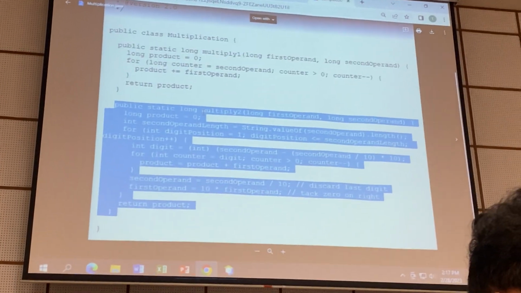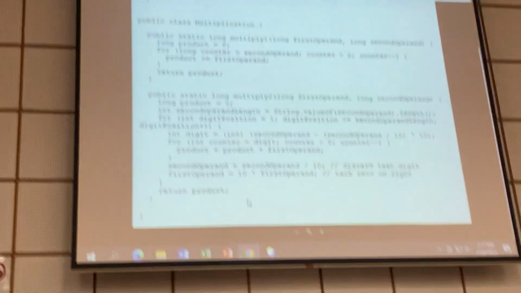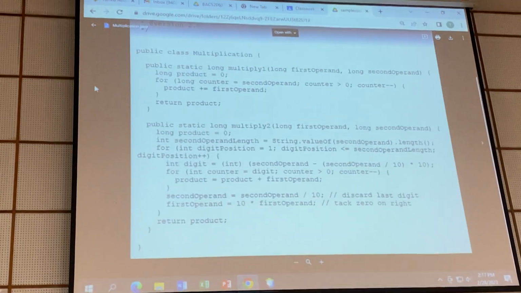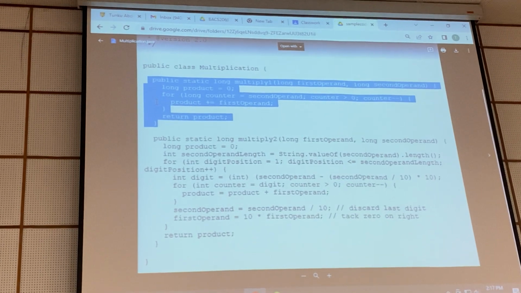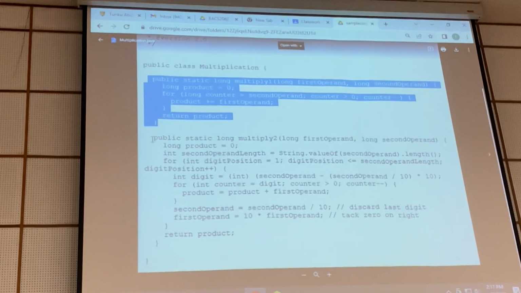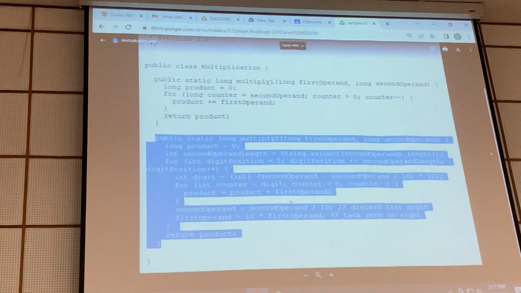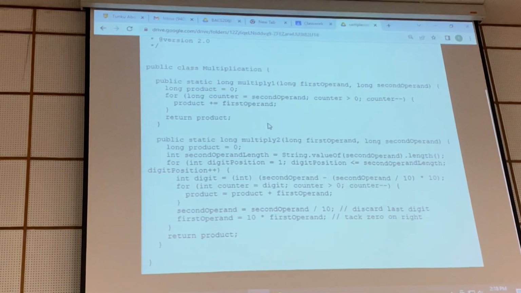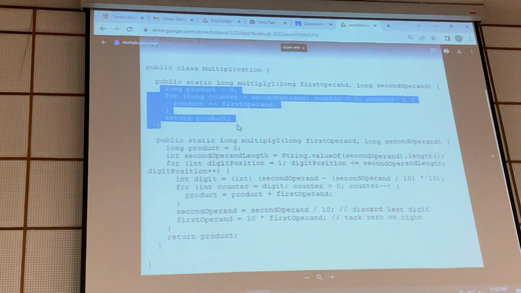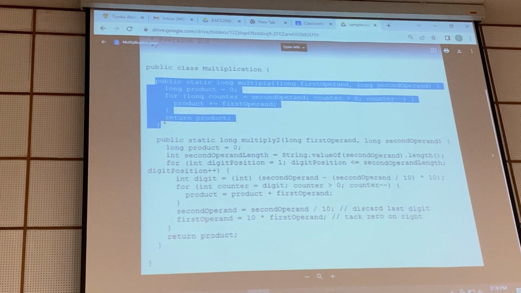Now by looking at these two algorithms, just look at the lines. Do you think the first algorithm is efficient? Is the second algorithm efficient? How to know? There are just a few lines, so maybe the first algorithm is efficient.